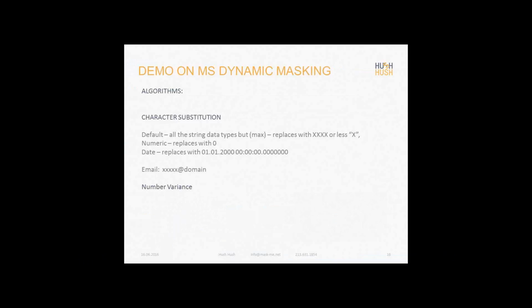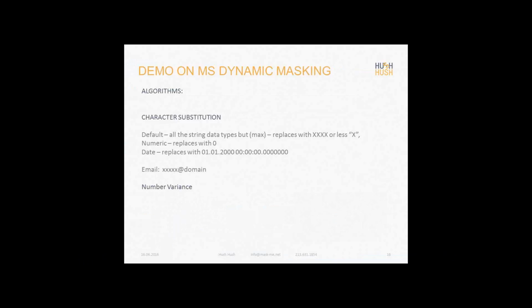And for email, they will take the first letter of the email value and end it with the domain .com. So these four algorithms that Microsoft is using in the on-premises solution that I will be showing you today use what we call character substitution.